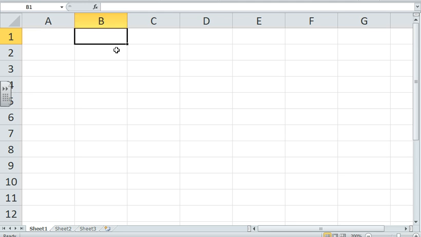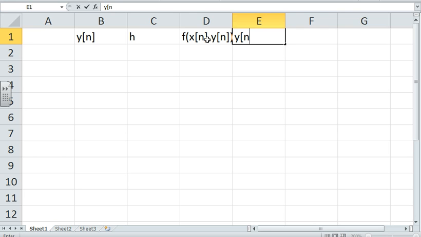We'll call this one y of n, and we'll call this one h, and this one f of x and y, and this one y of n plus 1.